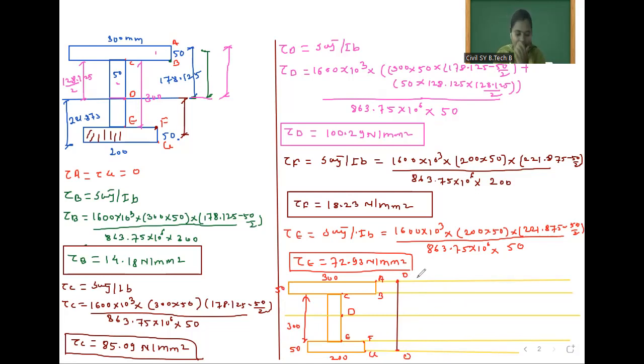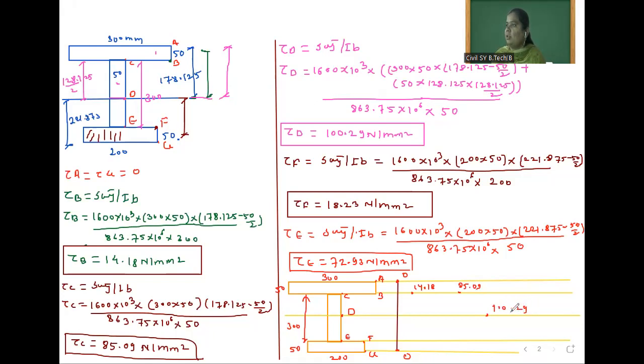After that, shear stress at B, 14.18. After that, shear stress at C, 85.09. After that, shear stress at D, 100.29.